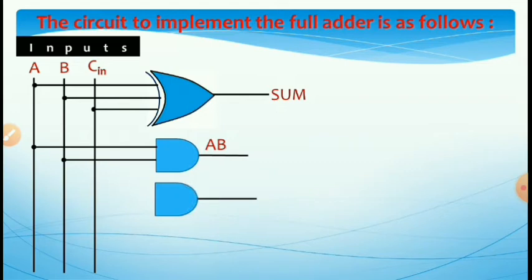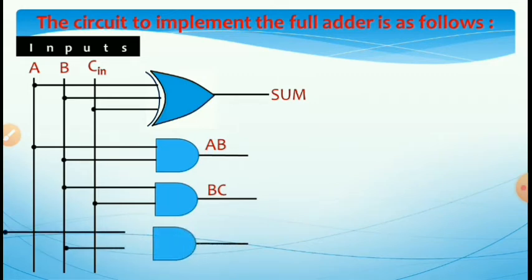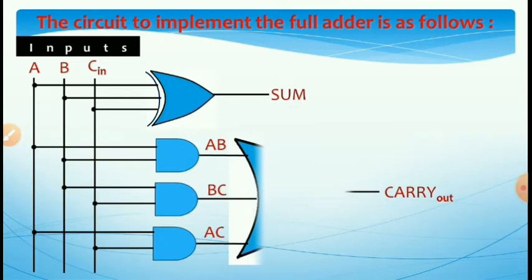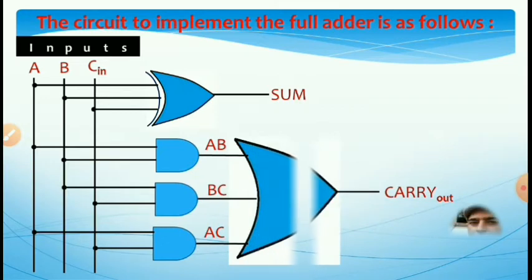Again we take another AND gate and connect it to B and C, which forms BC. Again we take another AND gate and connect it to A and C, which forms AC. Now the outputs of these three AND gates are passed through an OR gate, which will form the carry out, that is the output carry. So in this way the full adder is formed.